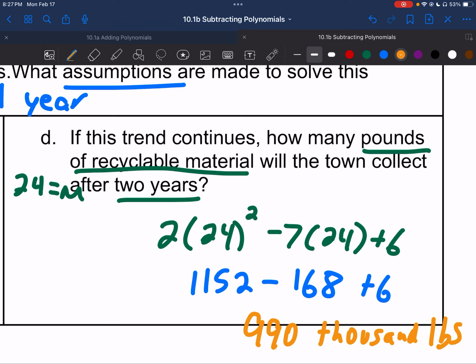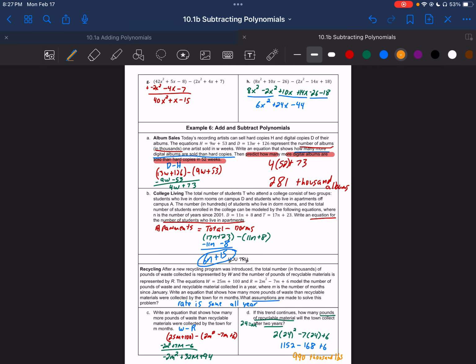So almost 1,000 pounds of recyclable material are collected by this one singular town over the course of 2 years. So that's a significant amount of weight. And that's all that's being recycled and not necessarily going to the landfill, hopefully. So that would be a good thing.